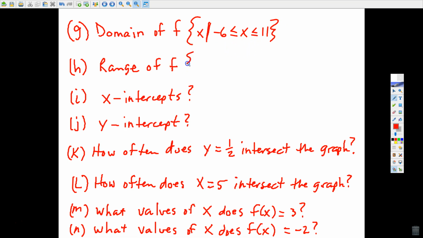The range, well, now you're thinking about the y-axis and what y-axis numbers are utilized in this particular graph. You're trying to take the graph, look at the y-axis and make a list, a range of numbers that would be involved. For the range, of course, we associate the letter y.